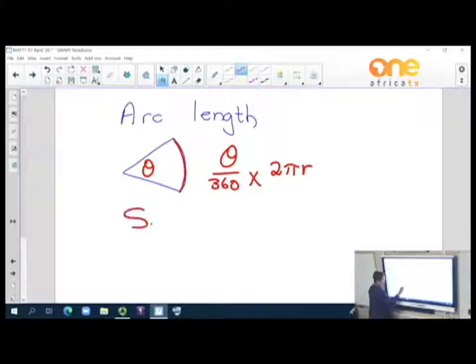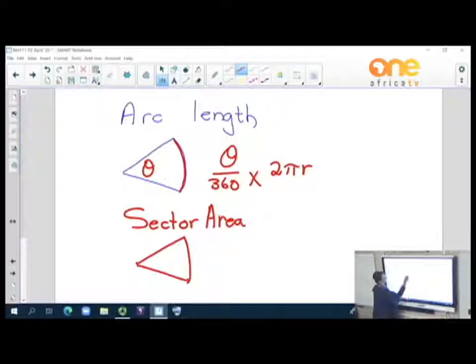Right, and then the sector area. As we said, this is now the piece of cake that you want to eat, or the piece of pizza or whatever. This is the sector area that we're talking about. This is part of what? No, of the area. It's part of the whole pizza.